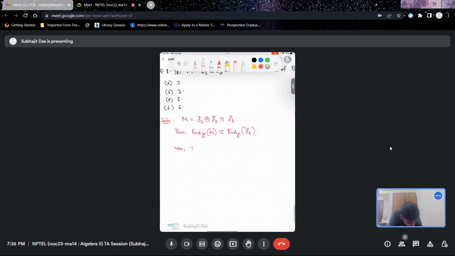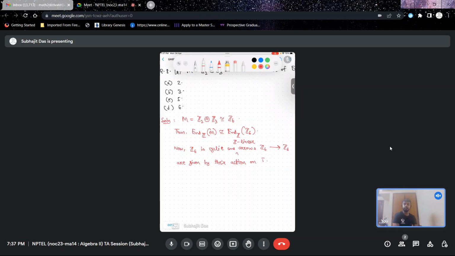Now Z6 is a cyclic Z module, as you already know, and Z linear maps from Z6 to Z6 are given by their action on the class of 1, which is a generator here, right?